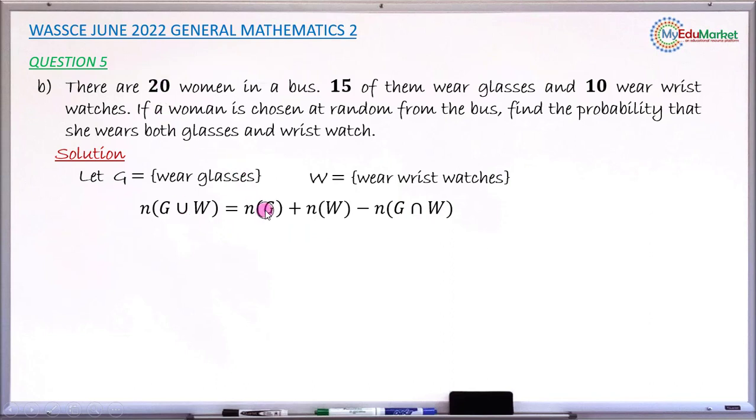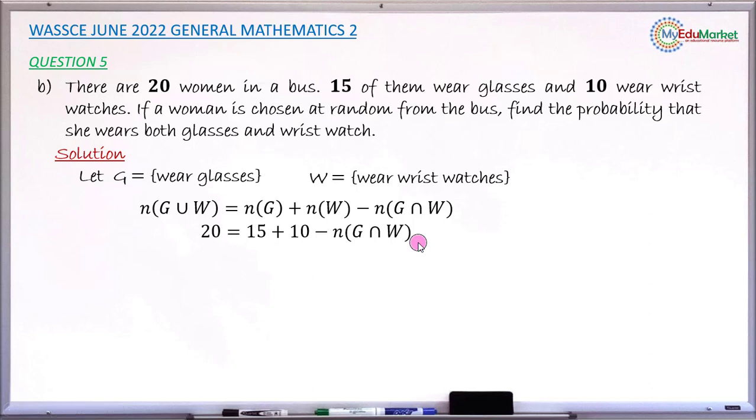Those that wear glasses, they are 15. Those that wear wristwatches, they are 10. What we don't know is the number of elements in G intersection W. Let me substitute. You now have 20 equals 15 plus 10 minus the number of elements in the intersection.